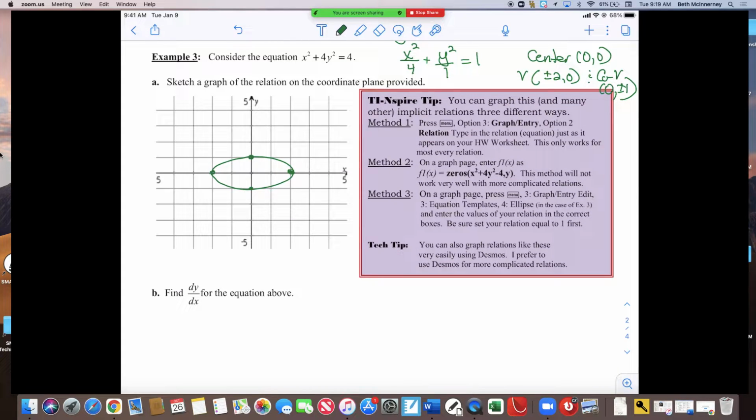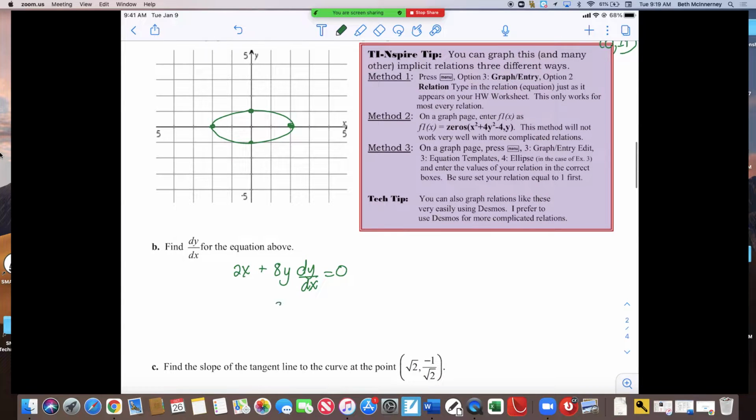But let's go ahead. If you want to find the derivative of that ellipse, you're going to do the derivative: 2x plus 8y dy/dx equals 0. You want to get the dy/dx on your left side. And then when I divide, that'll give me negative x over 4y.